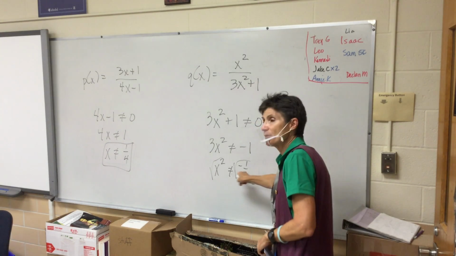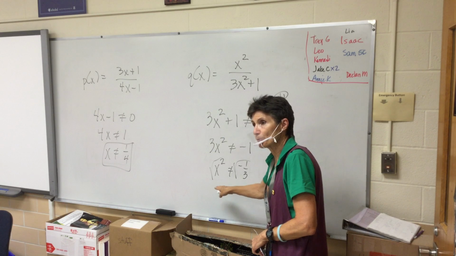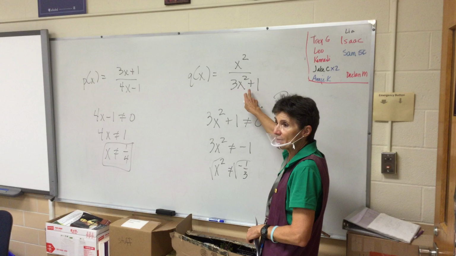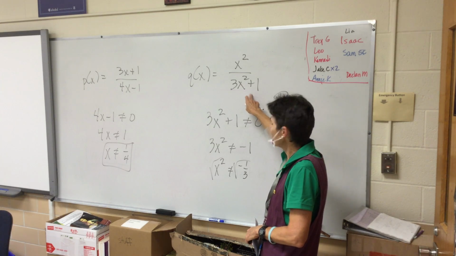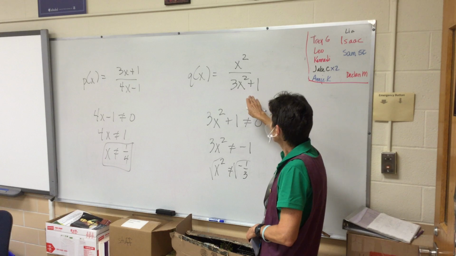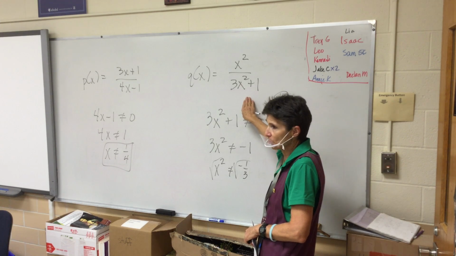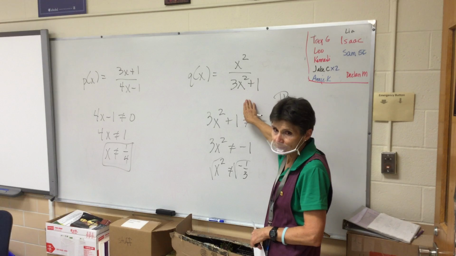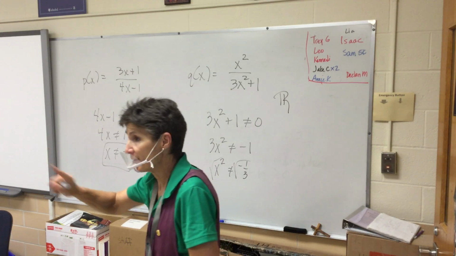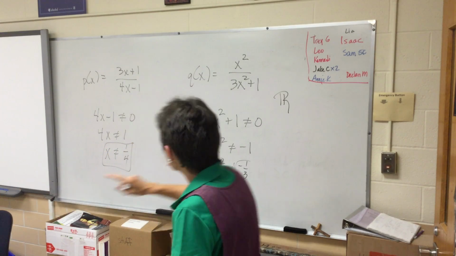This means that there is nothing that interferes with the domain. There is no way that will ever be 0. So you can put anything you want into this problem, and you will never get a 0 on the bottom. And that's the rule. The rule is you can't have a 0 on the bottom.